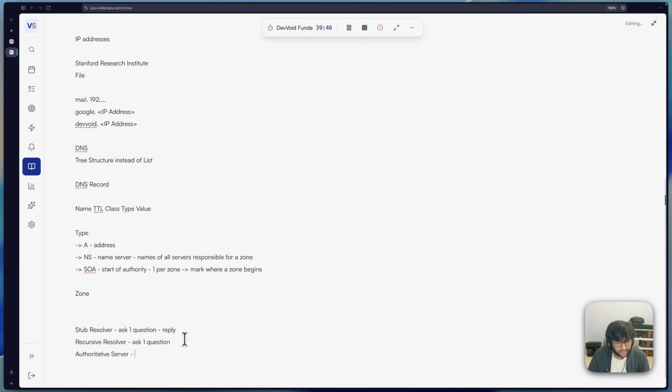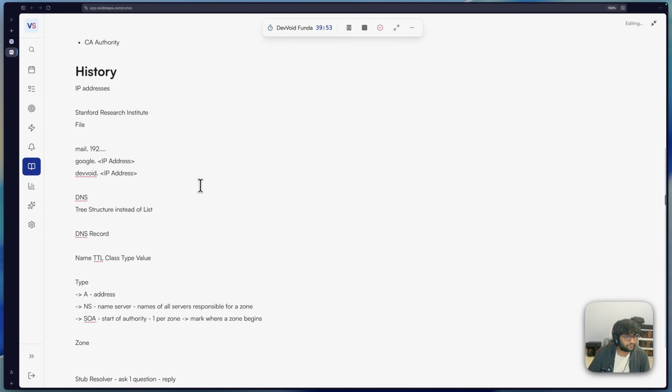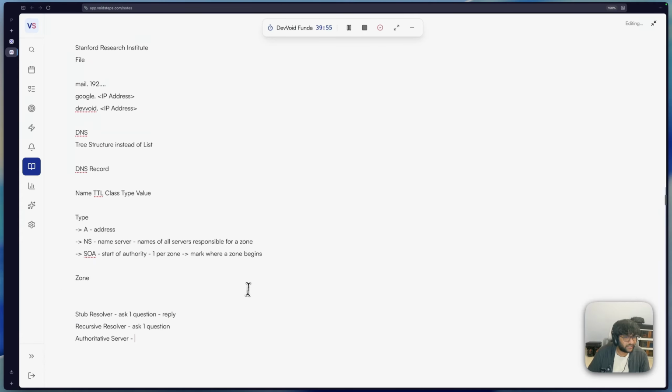Now, the authoritative server: we talked about this thing called SOA, which is start of authority, as well as what zones do, right? It has all of these records. The authoritative server is essentially that itself, which is it holds everything regarding a zone, that is all the records and whatnot, so that it can answer anything regarding the zone.